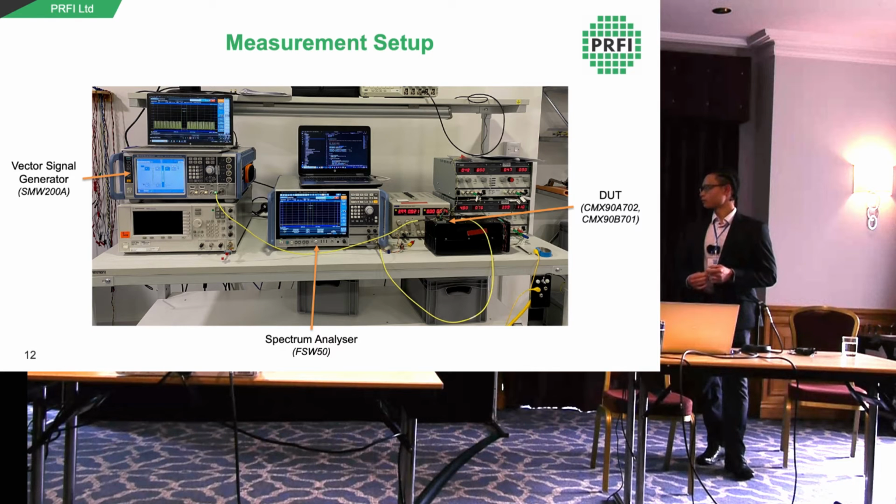The A702 is a 28 gigahertz GaAs PA, and the B701 is an 18.5 gigahertz gain block designed by PRFI. The output signal from these amplifiers goes into the spectrum analyzer in the middle, an FSW50, which calculates the NPR automatically, but you can take separate measurements of the channel power and the notch power and calculate it yourself.